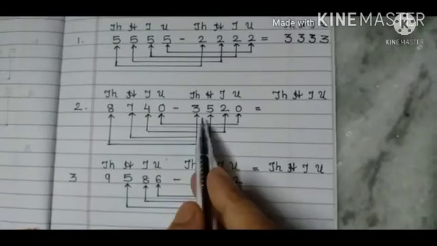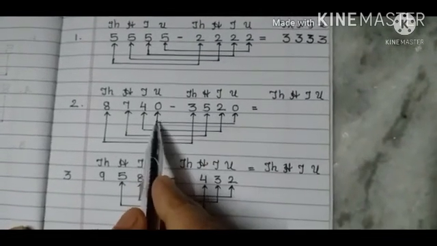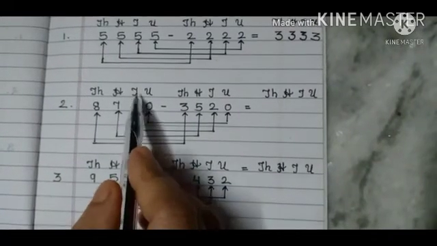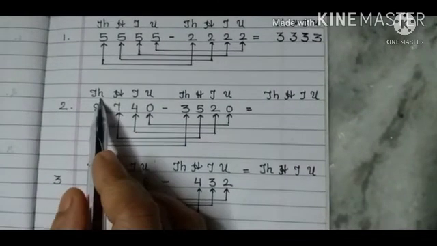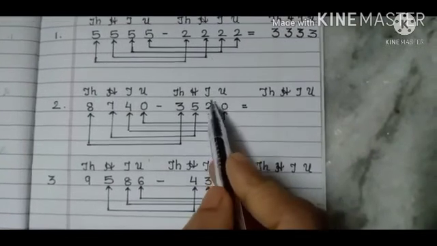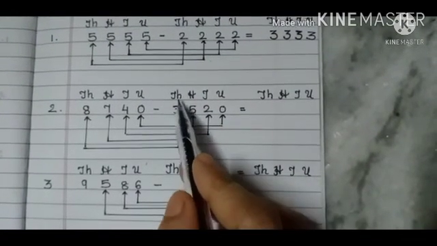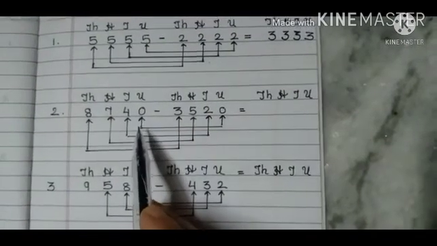Now see the second example. 8740 minus 3520. So again we will arrange the numbers place wise. So 0 is in units place, 4 is in tens place, 7 is in hundreds place and 8 is in thousands place. And in second number 0 is in units place, 2 is in tens place, 5 is in hundreds place and 3 is in thousands place. So now we will start our subtraction from units place.